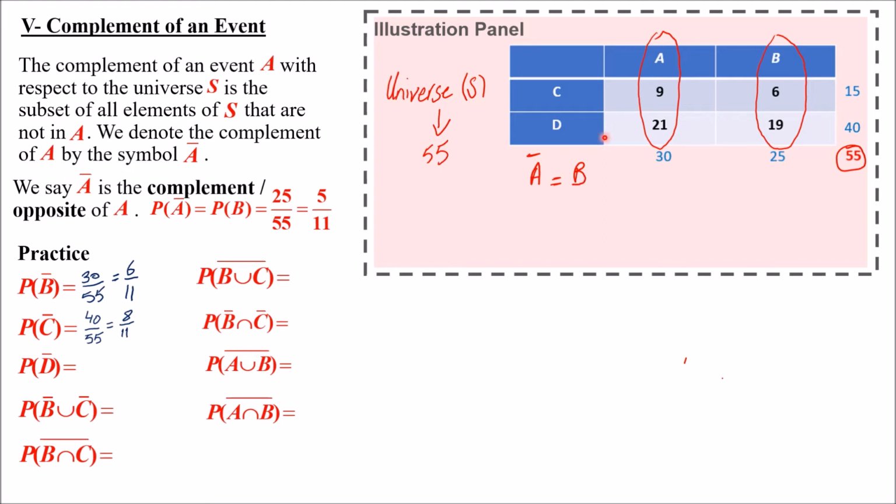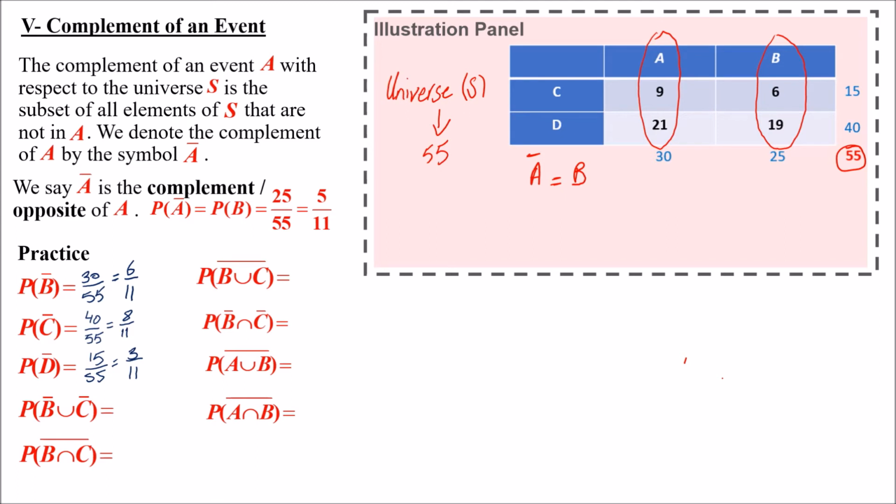Similarly, probability of D bar is equal to the probability of C, which is equal to 15 over 55, which is equal to 3 over 11.